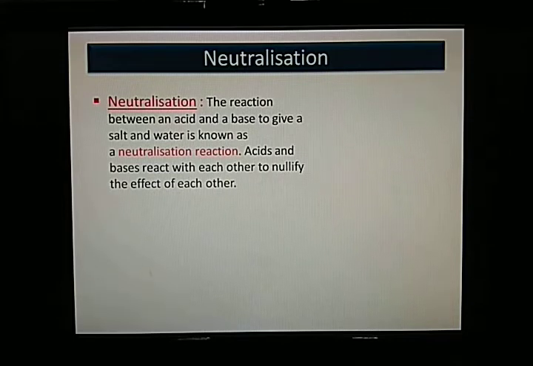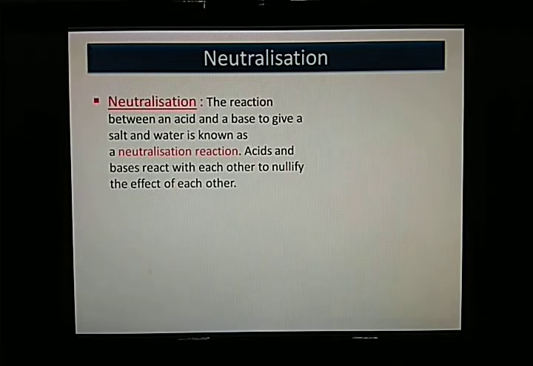So basically, for a neutralization reaction, what we require is an acid and a base, and then we react them. After the reaction, the product that we get is a salt and some water. Why does this neutralization reaction occur? Because acids and bases react with each other to nullify the effect of each other.